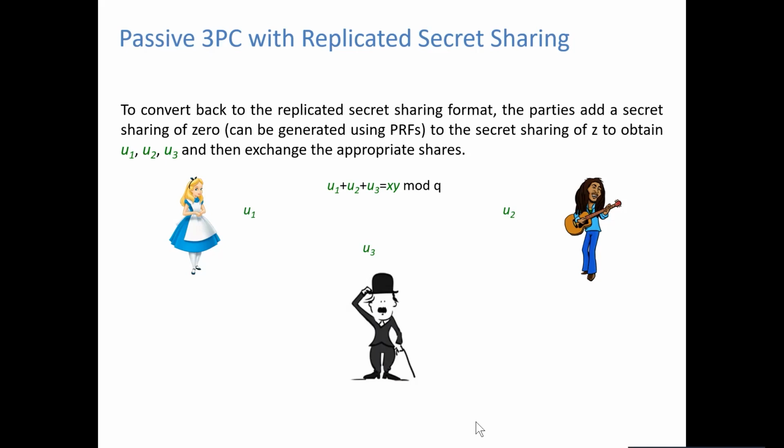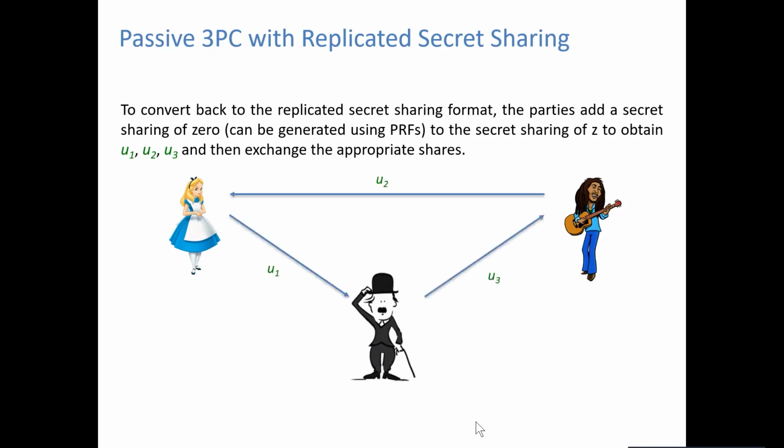They will pick some share of 0, and then sum this share of 0 with the shares of Z that they had, so that they obtain some shares U, such that U1 plus U2 plus U3 is equal to X times Y, but it has been randomized by these shares of 0.